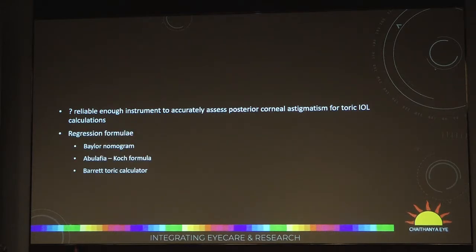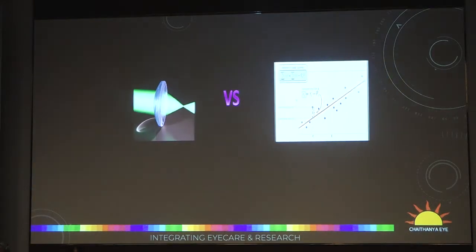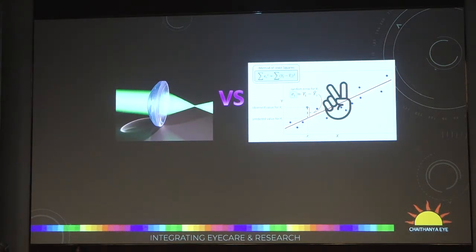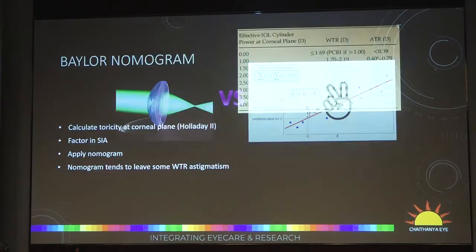However, all said and done, the regression formulae, such as the Baylor nomogram, the Abulafia-Koch formula, and the Barrett Toric calculator, have consistently shown that they perform as well or even better than the instruments that measure the posterior corneal power, using nomograms that calculate the total corneal power from just the anterior keratometry. So this has been a battle between statistics and actual measurement of the corneal power. So far, statistics have been winning.